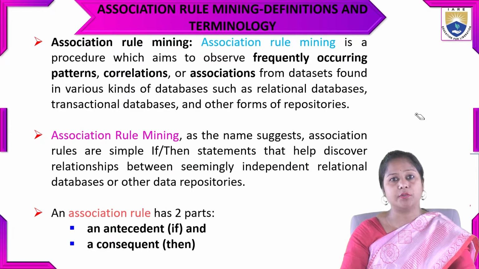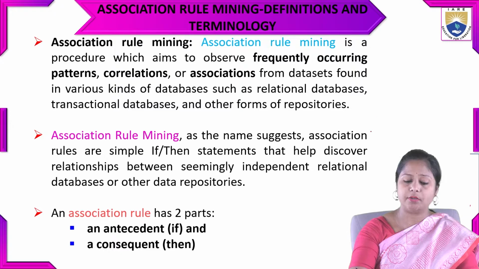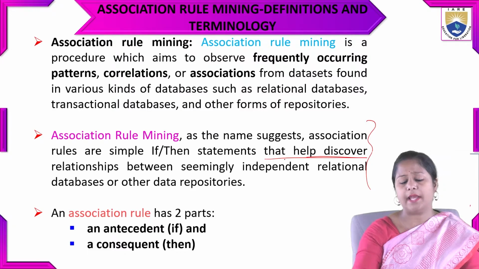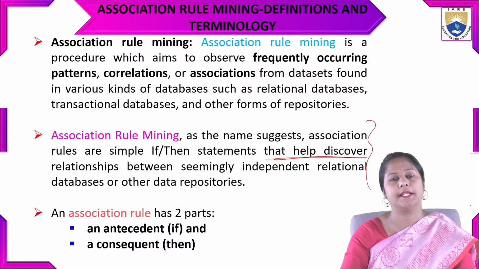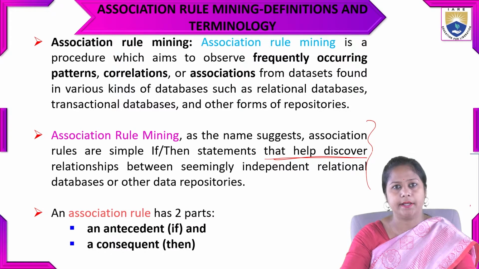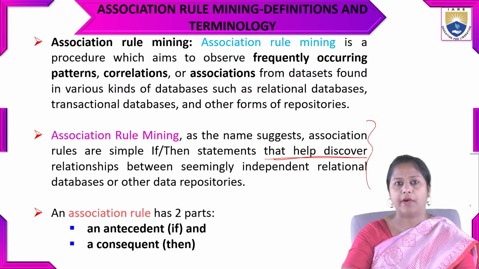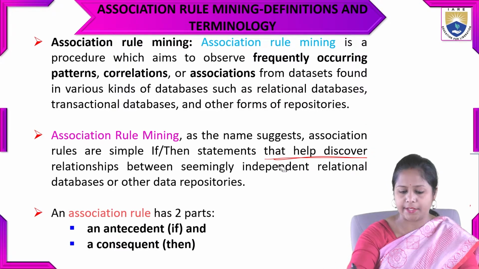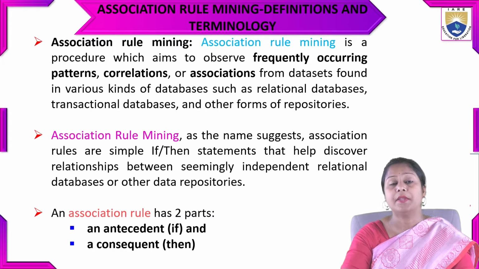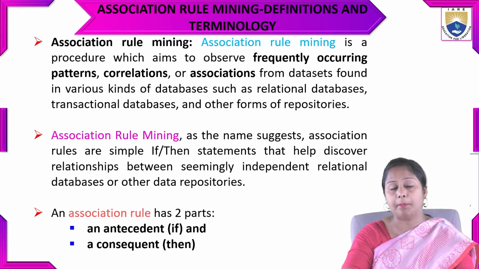Association rules are simply if-then statements, starting with the if and concluded with the then. They help to discover patterns and relationships in relational databases and any other type of data repository. An association rule has two important parts.